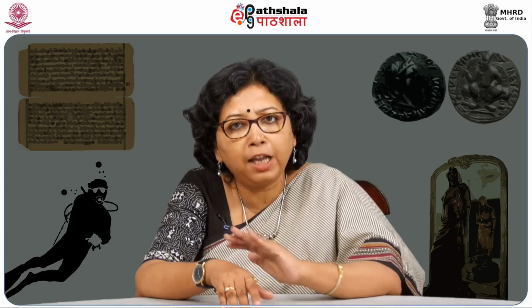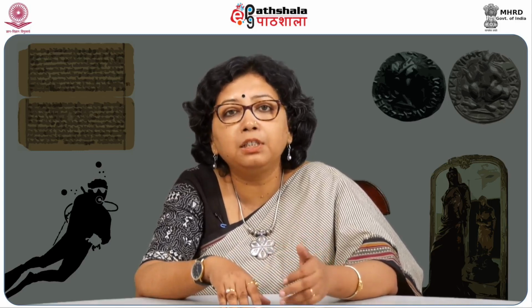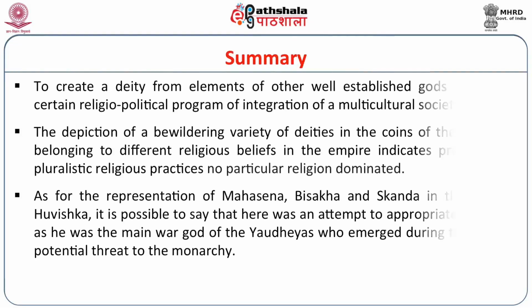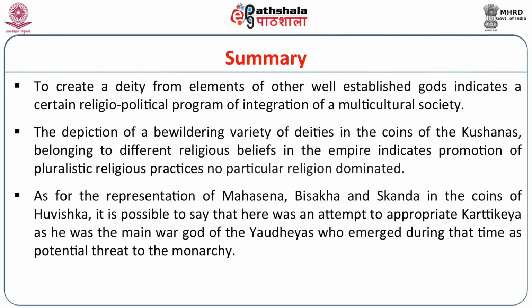If you look at the variety of the divinities, you will find that the Iranian, the Hellenistic, the Indian, all of the deities, even Buddha was represented in the coins of Kanishka and Huvishka. As for the representation of Mahasena, Visakha and Skanda in the coins of Huvishka, it is possible that here was an attempt to appropriate Kartikeya, as he was the main war god of the Yaudheyas, who emerged during the time and were a threat to the monarchy.